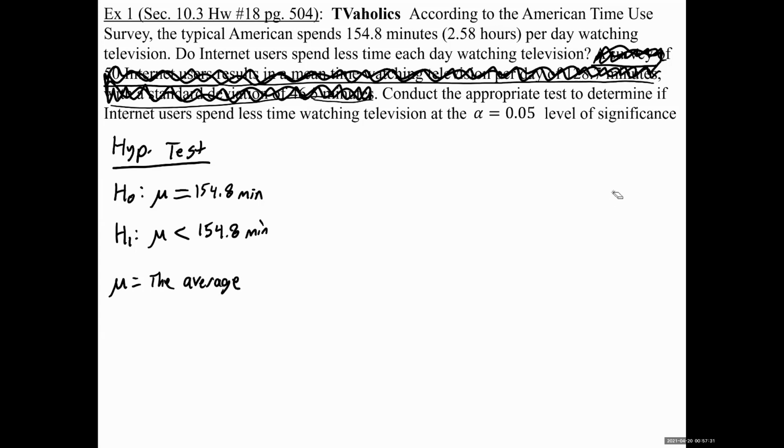Anytime you're writing down what mu stands for, you start by writing the average time. Now I'm going to write down the population, all internet users. Again, this question is about internet users. All internet users spend watching TV per day.